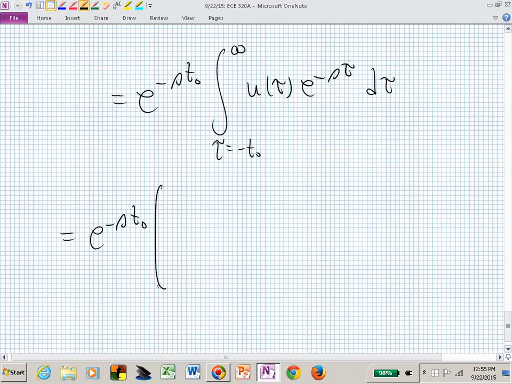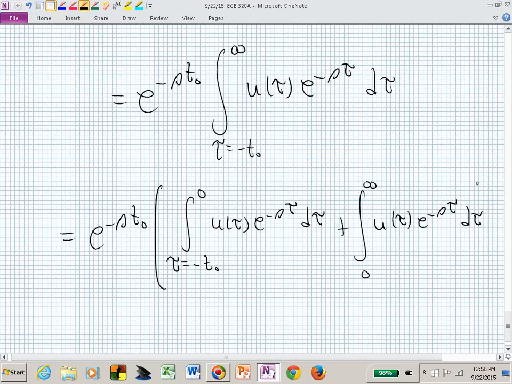Let's make sure that we're okay. I'm going to separate that integral into two pieces. I'm going to have one integral from tau equal minus t naught up to 0, u of tau e to the minus s tau d tau. And then the other half is going to be from 0 to infinity, u of tau e to the minus s tau d tau.